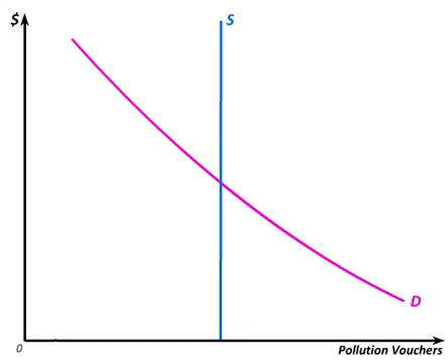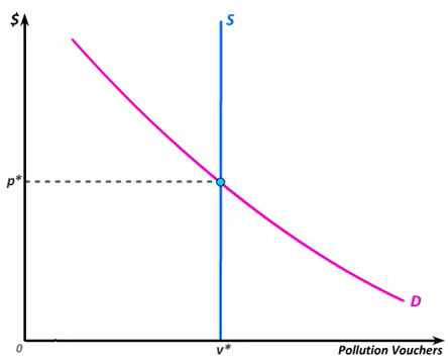The supply of vouchers is set perfectly inelastically by the government as it determines the overall cap on pollution emissions. The price of vouchers is then determined by the market, not by the government. The government simply set the quantity, and as a result, the equilibrium price P* emerges.